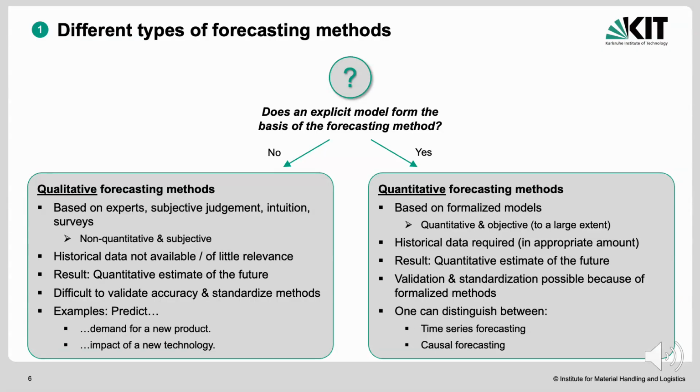Another method which is very helpful is causal forecasting. In this case, we try to link the forecast, for instance, the demand of ice cream, not to the time series, for instance, the demand of last week, but to the weather report for tomorrow.